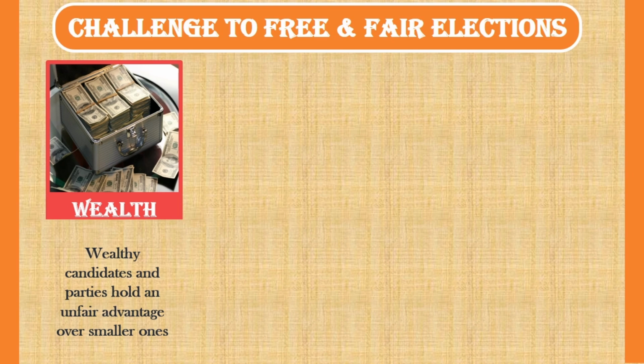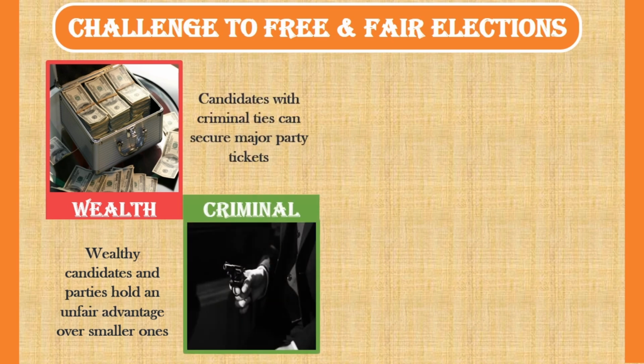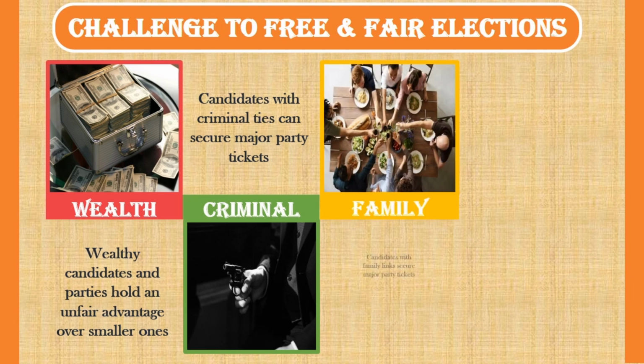The second factor is that in many parties, candidates with criminal ties secure tickets from major parties and contest elections, which means that citizens do not have proper choices for candidates. The third factor is that candidates with family links secure major party tickets, which means that able candidates who are genuinely interested in the welfare of the people are not given tickets from the major parties.